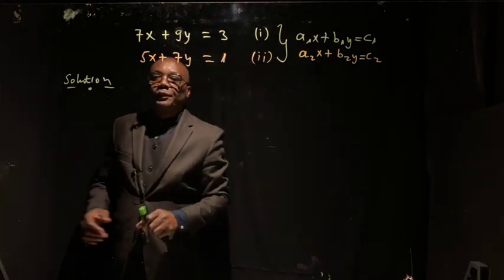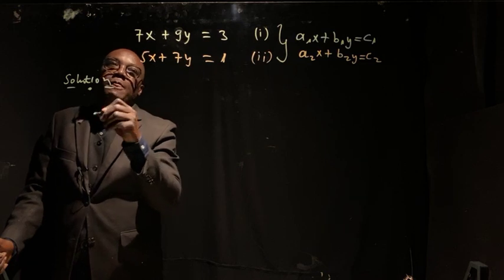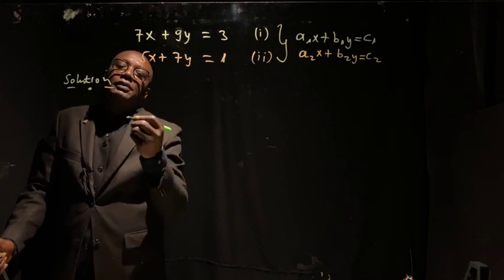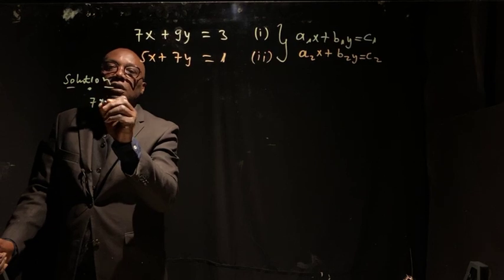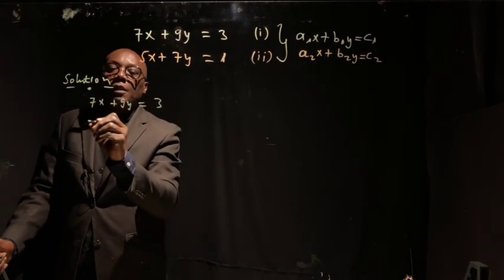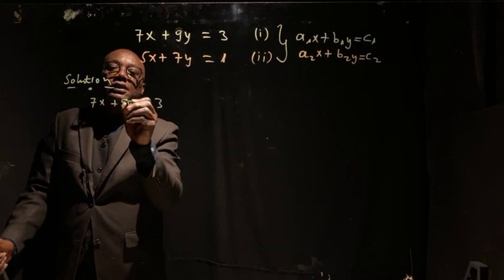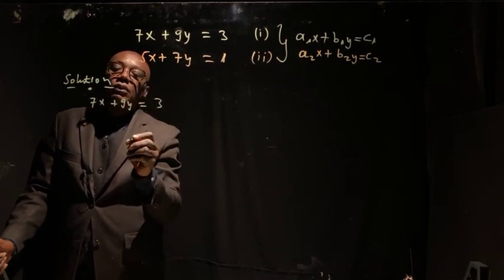Take your time. Let's pick up equation 1 first as a point of preference. 7x plus 9y equals 3. We are trying to make y the subject because we are using the y equal to y approach.